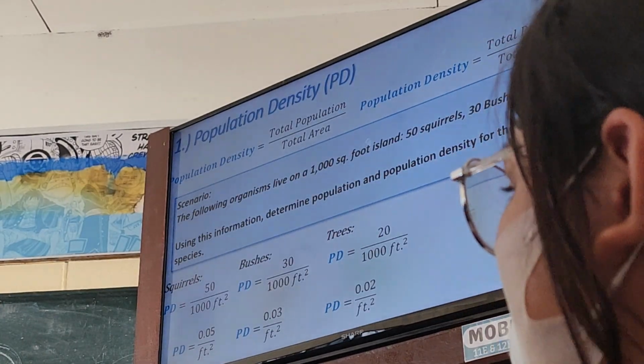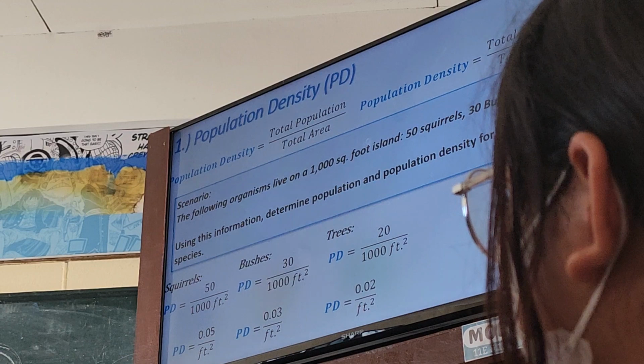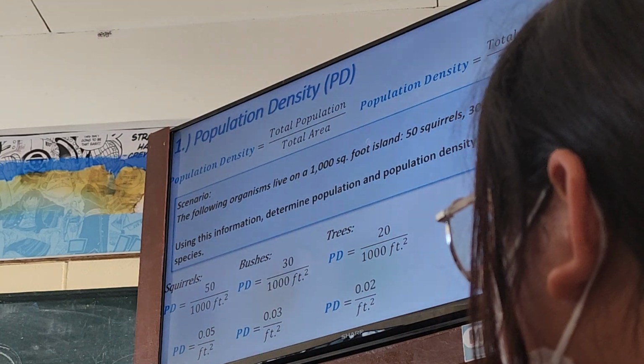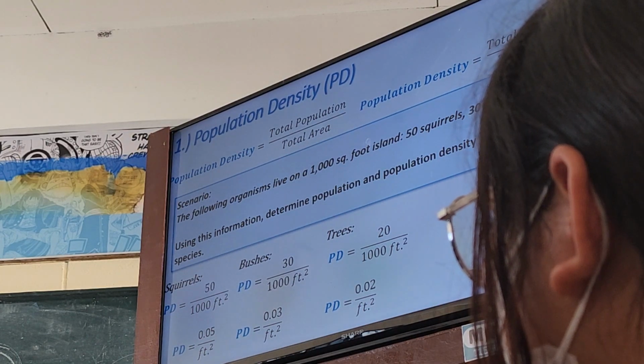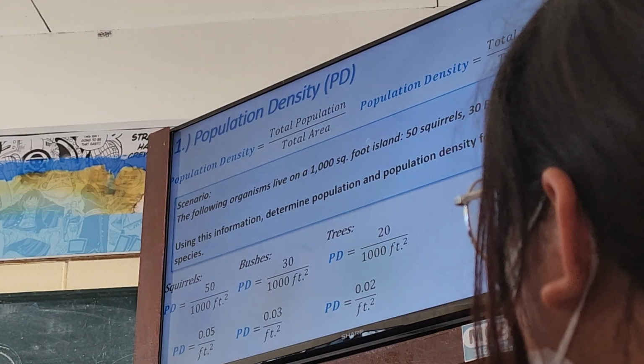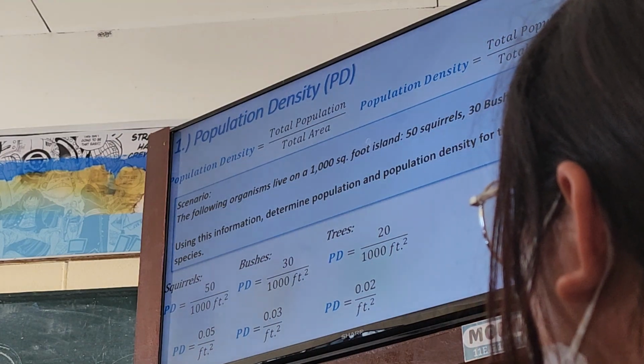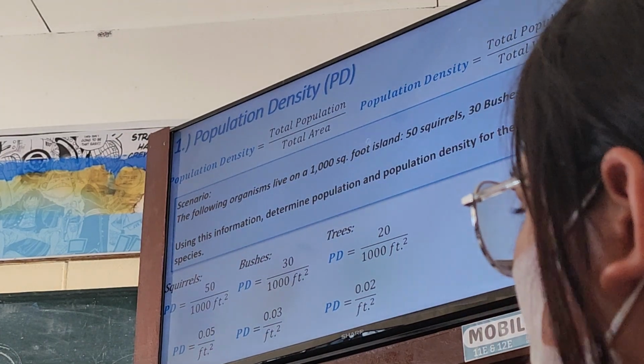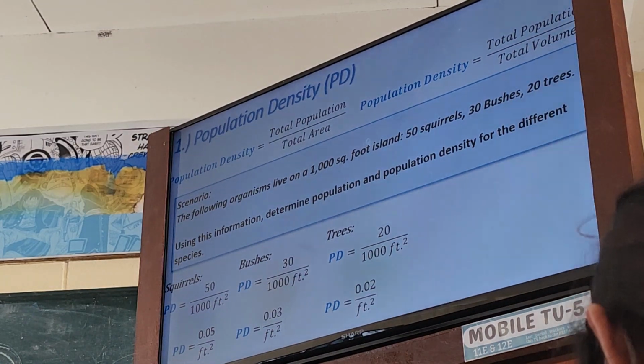There's no question in saying it as per square foot, right? What does per square foot mean? It means 0.05 squirrels per square foot. Exactly.